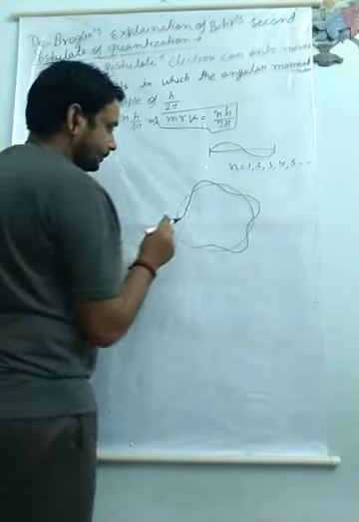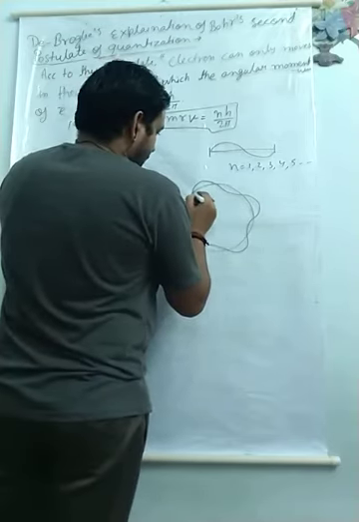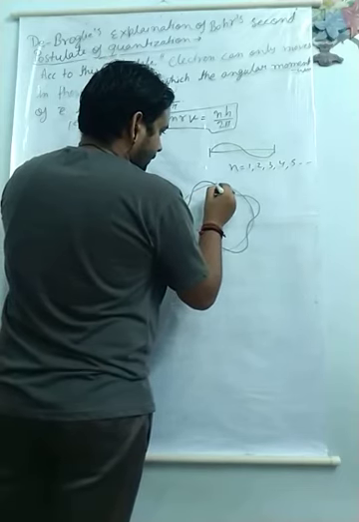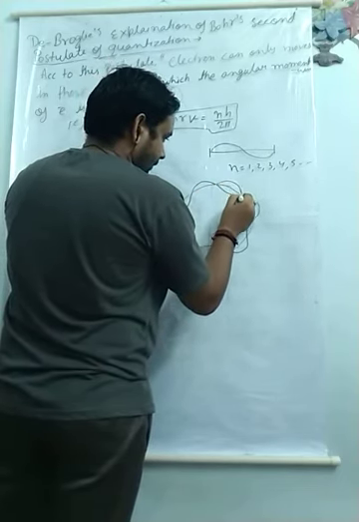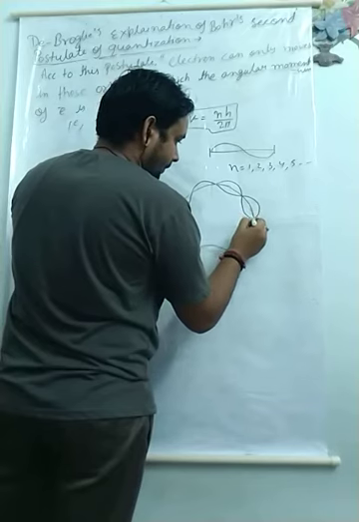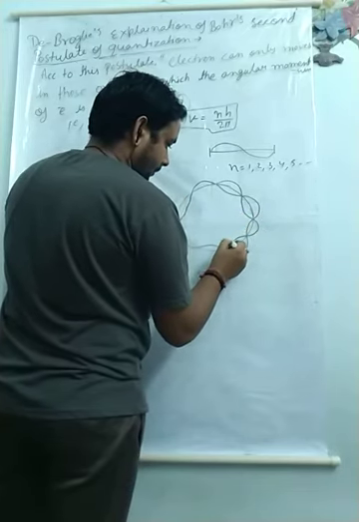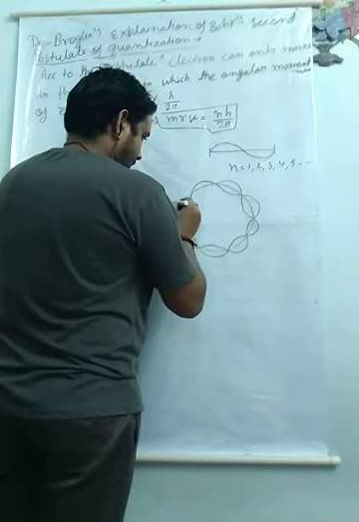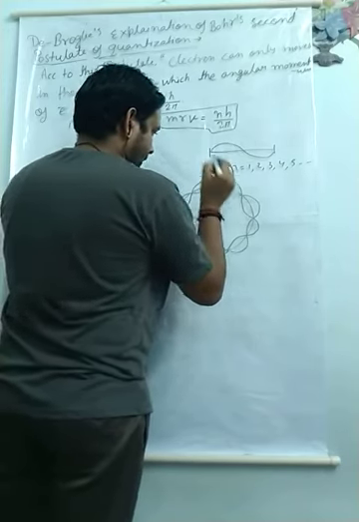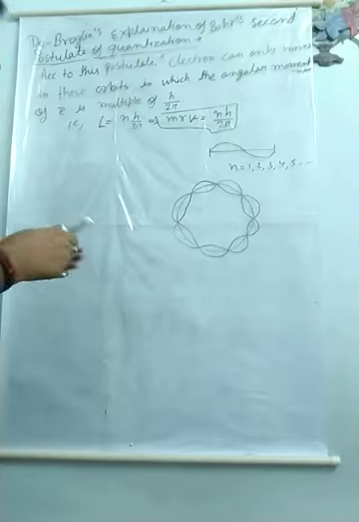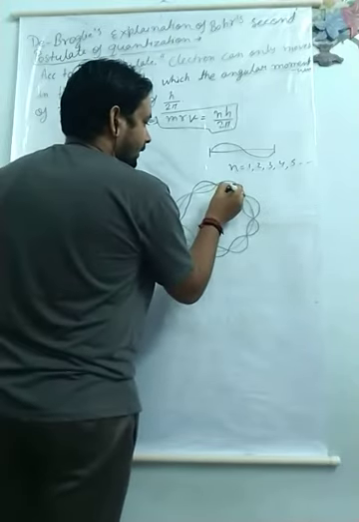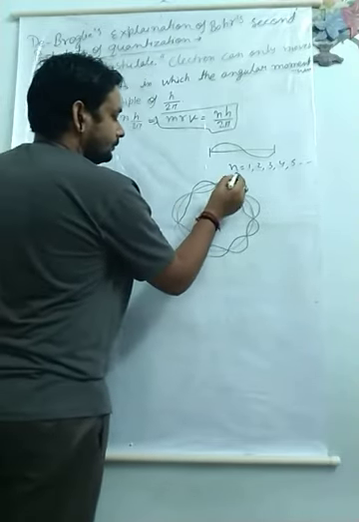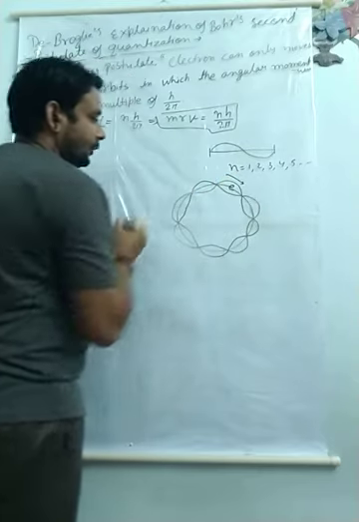In such a manner the electron can move around the nucleus.